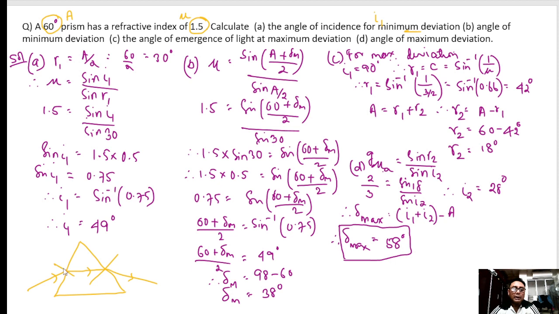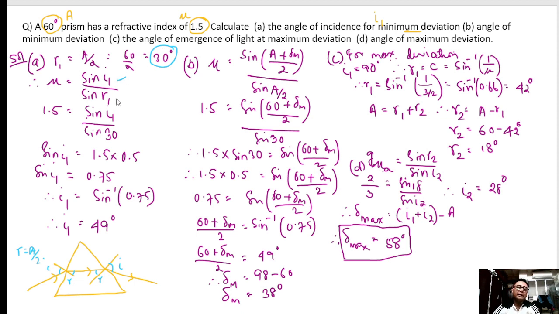This is our I1, this and this should be same, and this should be same, and we have already done that R is equal to A by 2. So that is how we find out the R, 60 by 2.